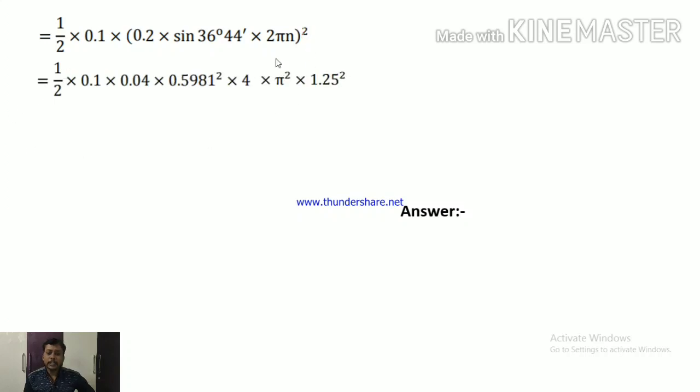Now sine 36 degree 44 minute is 0.5981, and the bracket square means 0.5981 square is there. Now 0.2 square is 0.04, 2 pi n, that is 2 square is 4, pi square, and n square again 1.25 square. If we solve it, we get kinetic energy is equal to 0.04472 joule. So this is the kinetic energy which we have to calculate here.